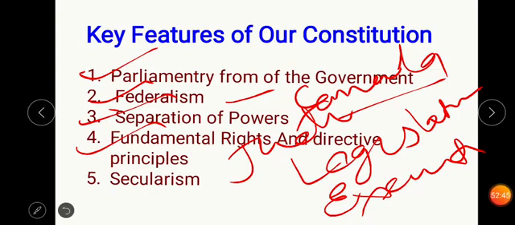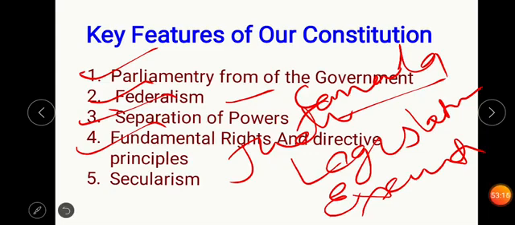So they are considered the basis of good governance and serve as guidelines which should be kept in mind by the government while framing its policies. So we can say that these principles aim to establish political, economic and social justice. This justice can be taken from the DPSP.